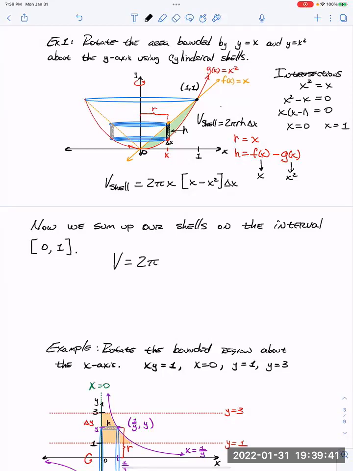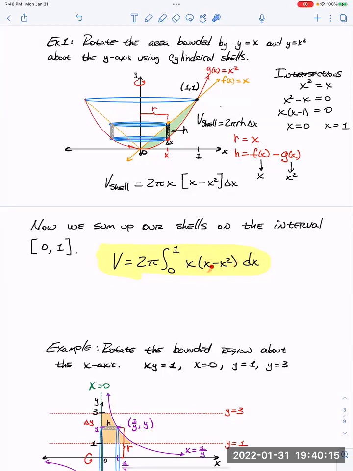2 pi is constant. We integrate from 0 to 1. And what do we have left? We have x times x minus x squared dx. And that right there is the integral that's going to calculate the volume of this shape. And when you break it down, if you deconstruct it backwards, remember, it's 2 pi, that was your radius, which was just x.